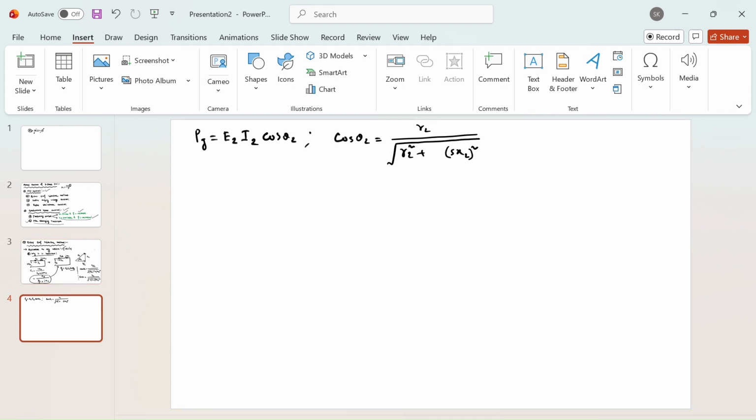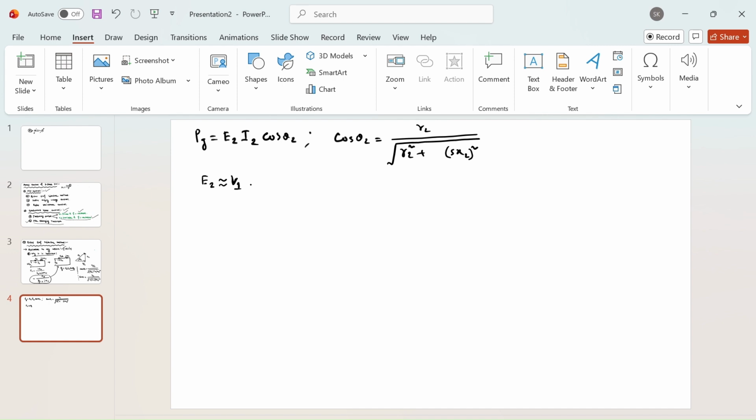And if I assume the stator winding resistance and leakage reactance are neglected, then E2 will be approximately V1, that is the supply voltage, you can say.